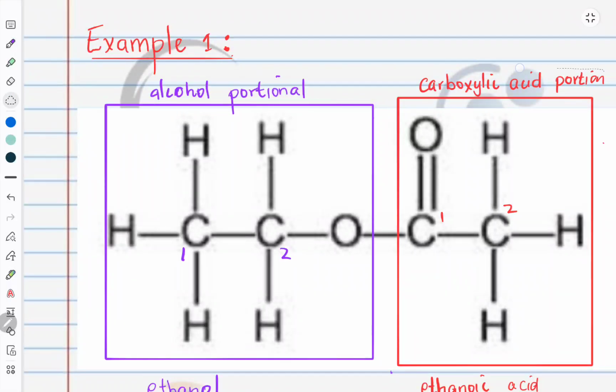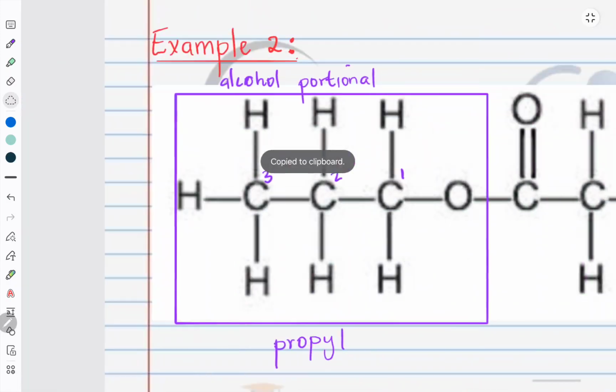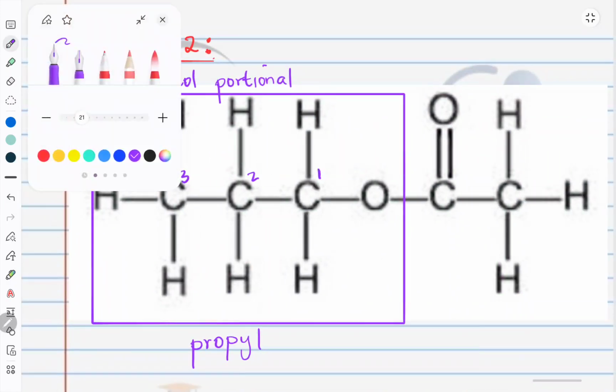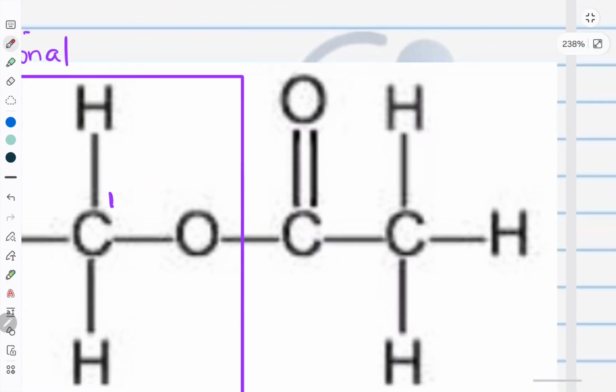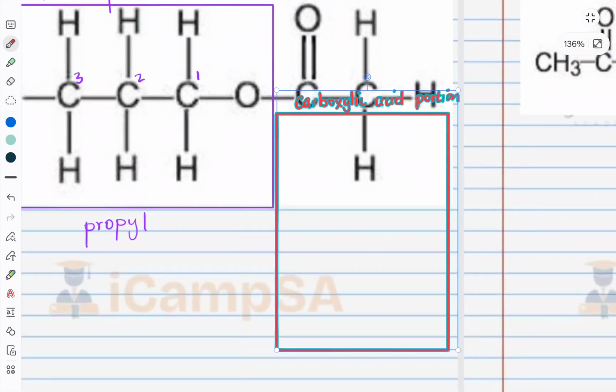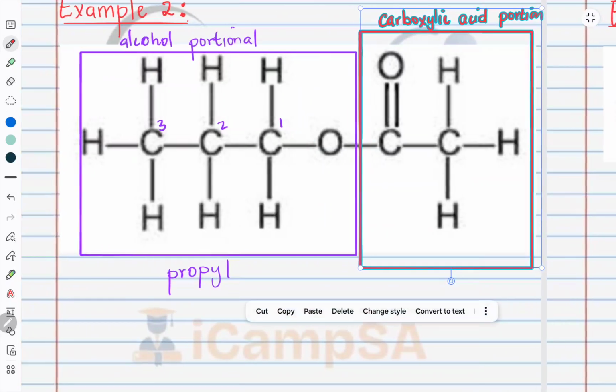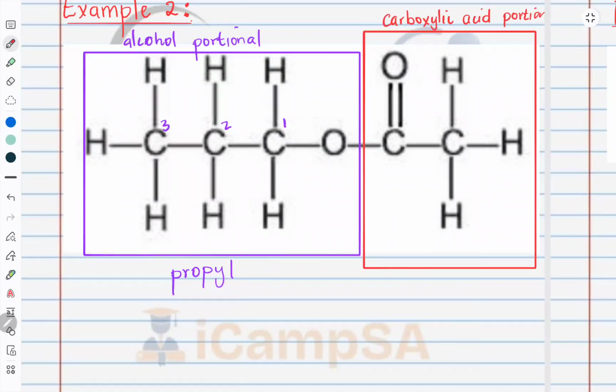Okay, then we come again and create another split. So the other remaining parts will be the carboxylic acid portion. This would have been the carboxylic acid portion.